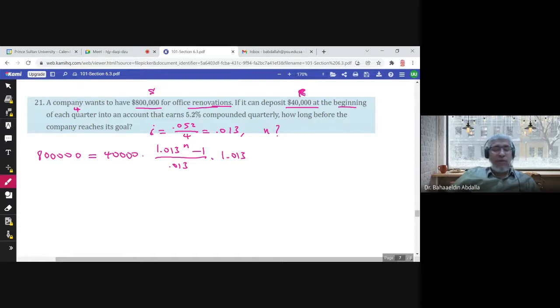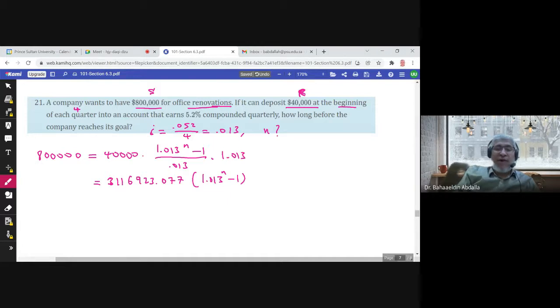So this will give you 3,116,923.077 times 1.013 to the power n minus 1.